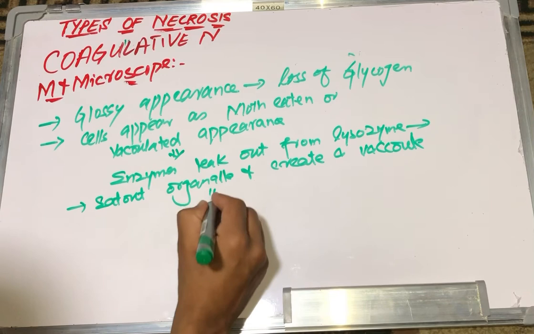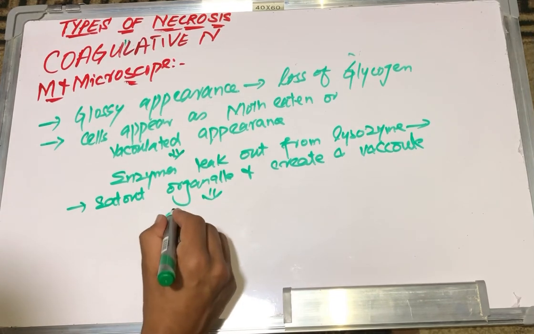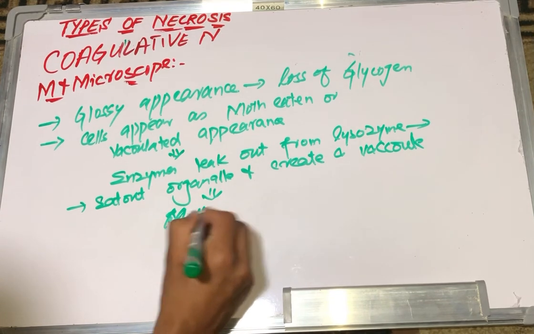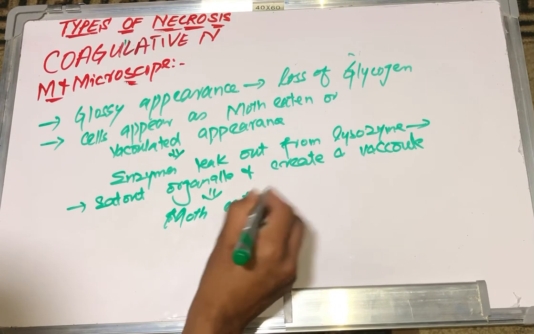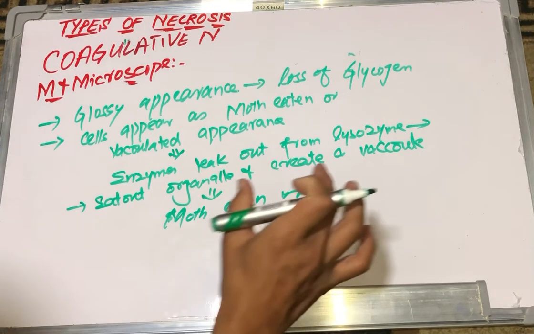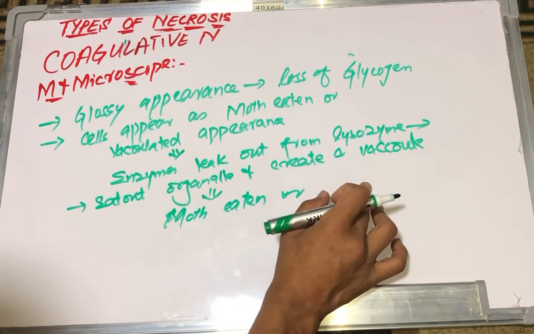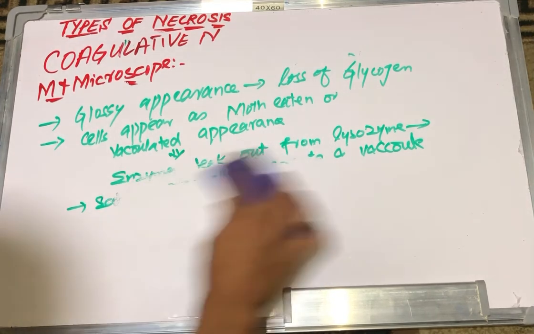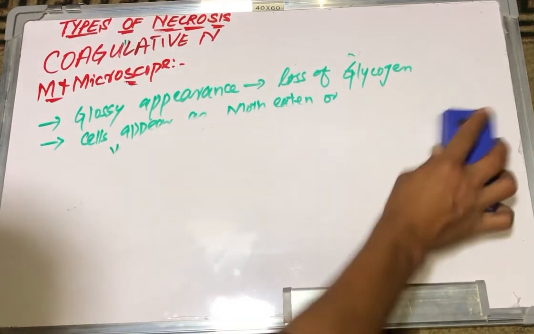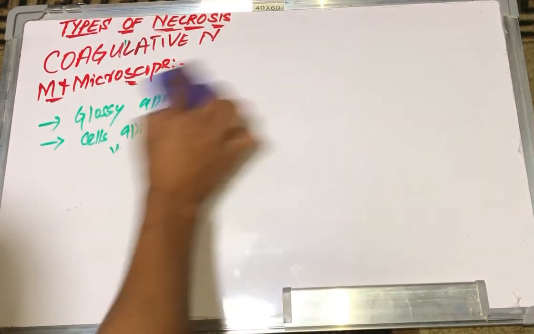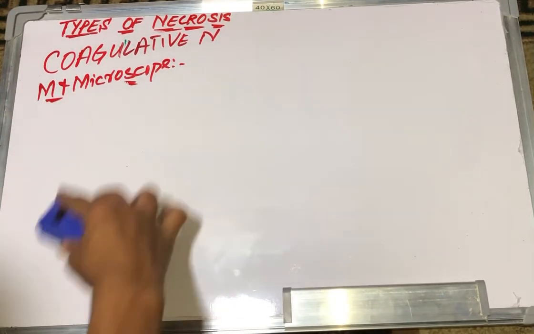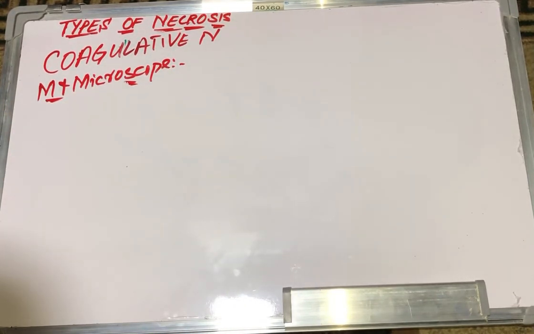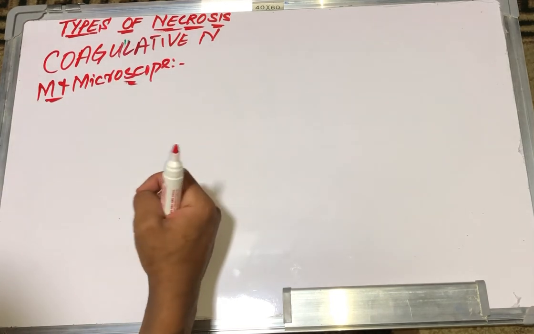These vacuoles look moth-eaten, or we can say a vacuolated appearance appears inside the cells. Till now we have discussed the microscopic appearance of coagulative necrosis. The cells are densely eosinophilic, there is a glassy appearance, and there is a moth-eaten or vacuolated appearance inside.